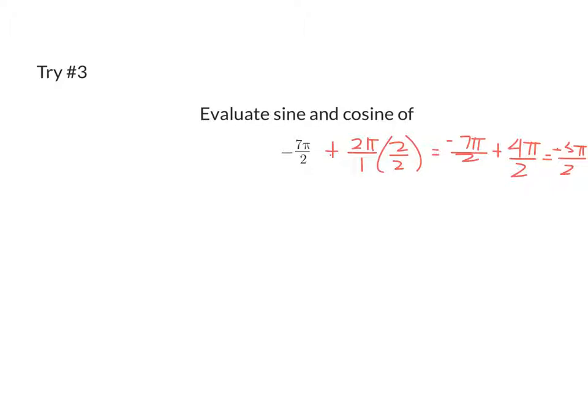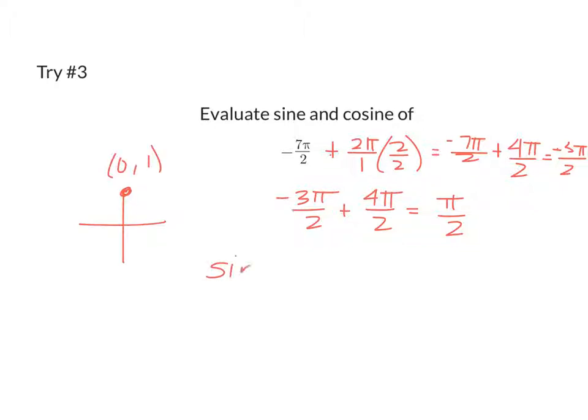So again, I need to take that negative 3 pi over 2, and I need to add another 2 pi or 4 pi over 2, right? And that gives me now pi over 2. And I know that pi over 2 is actually the 90-degree angle. And as an ordered pair, that is (0, 1).